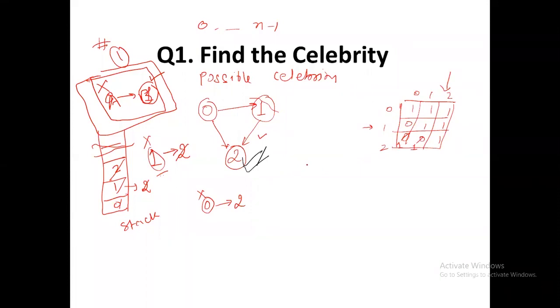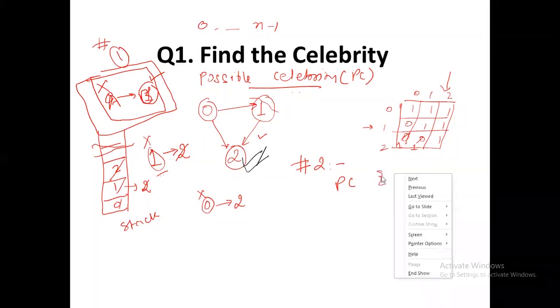So in that case, what we have to make sure, the second point, that possible celebrity, I am just using the word PC, possible celebrity. PC should not know the others. PC should not know 0 to n minus 1, should not know any one of them.